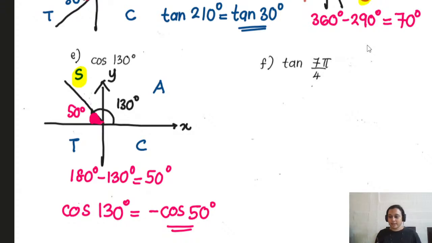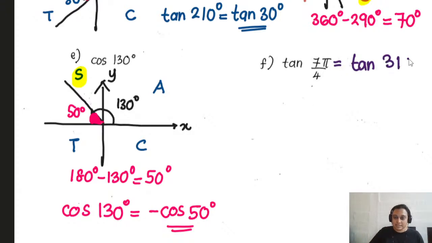The last one, F. Tangent 7/4 pi. We change to degrees first. 7/4 times 180.